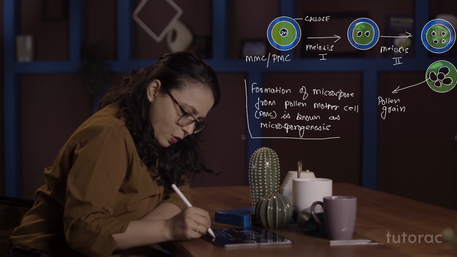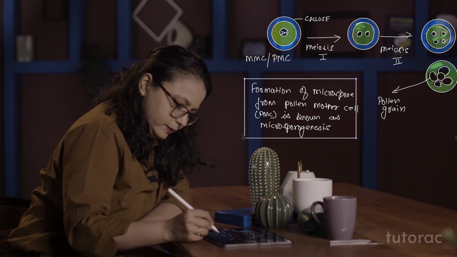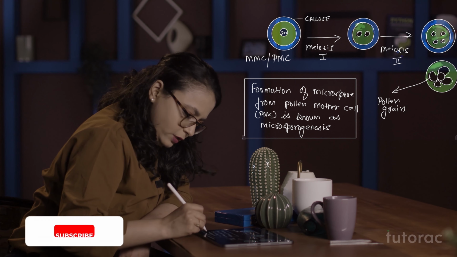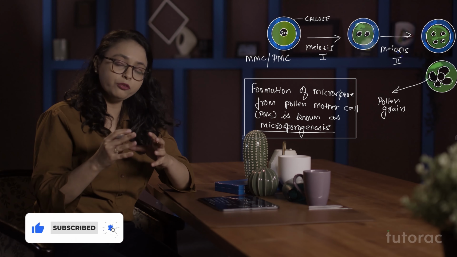Put it in the box so that you will easily be able to retain or copy it. So, this is known as microsporogenesis. So, what would be the ploidy of the microspores?